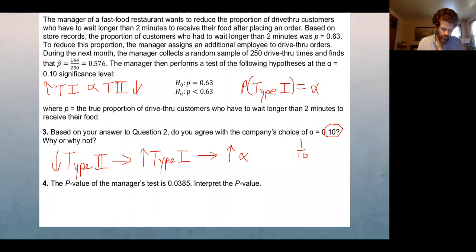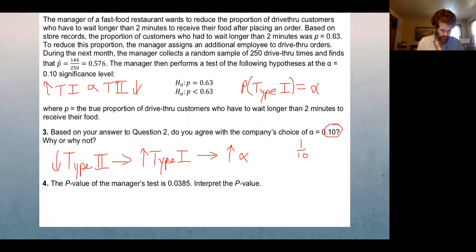So if we lowered the significance level to 0.05, then we are increasing our type 2 error probability, and we don't want that. So bottom line, I think it's fair to say this is a good significance level choice. I don't think we want to change that to 0.2. That seems a bit crazy. So anyways, hopefully you're able to follow through the logic on that.